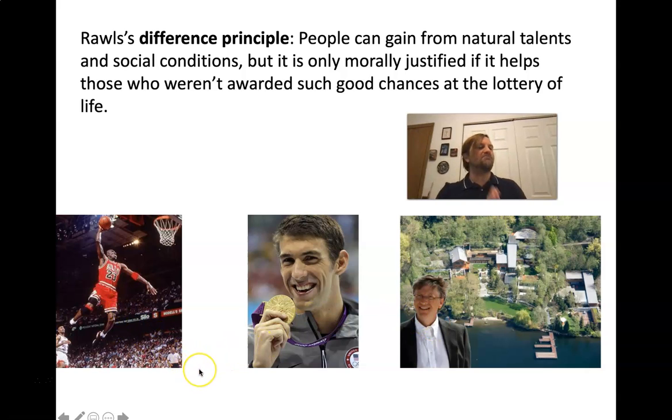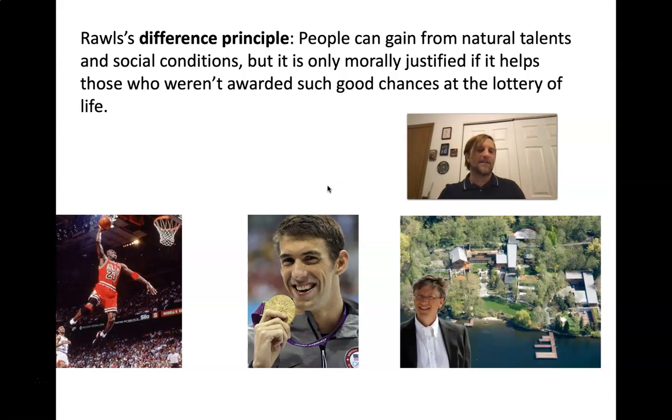Now, Michael Jordan, it wasn't just that he was a phenomenal basketball player. He had great coaches. He had mentors throughout his life. Same thing with Michael Phelps. I've studied entrepreneurship, and entrepreneurs are often helped out by other mentors and so on and so forth.